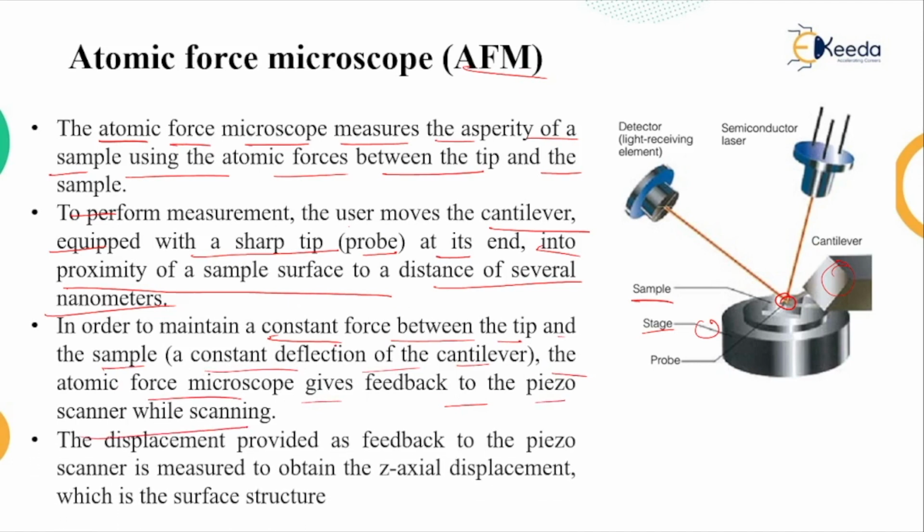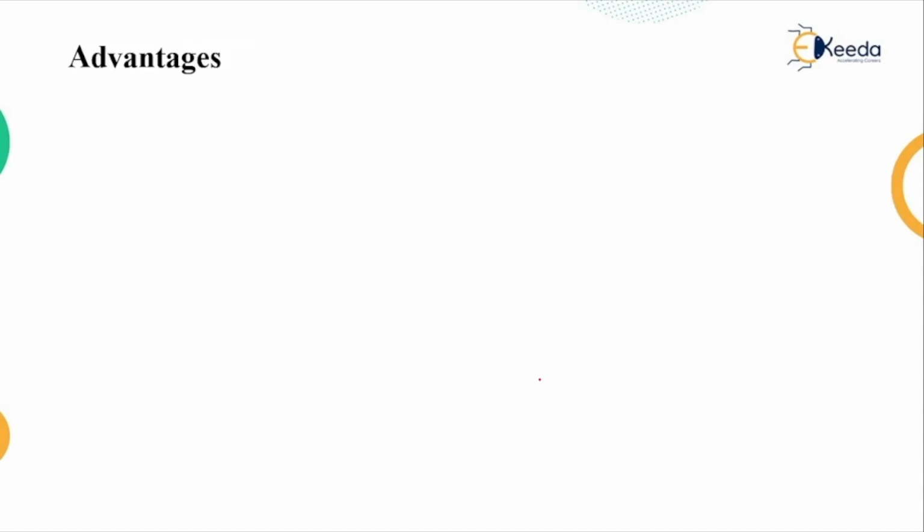The displacement provided as feedback to the piezo scanner is measured to obtain the z-axial displacement, which is nothing but the surface structure. So in this case we get a 3D surface roughness structure and a numerical value also.